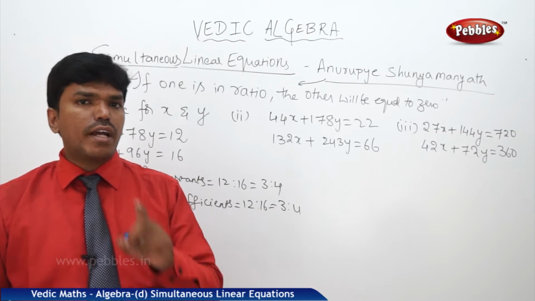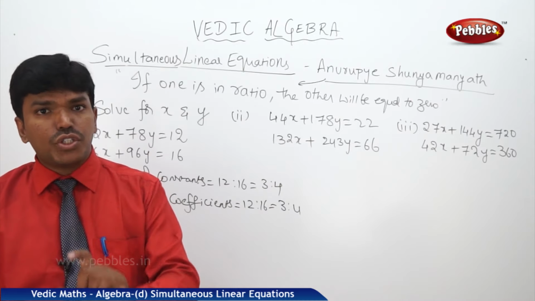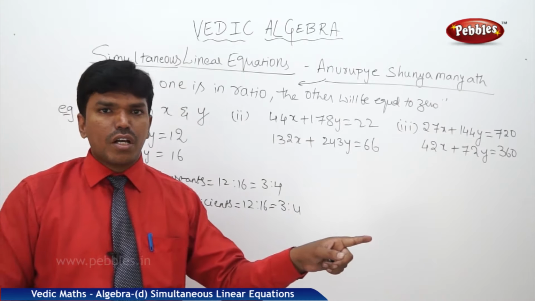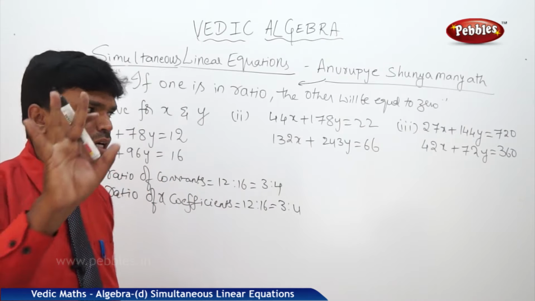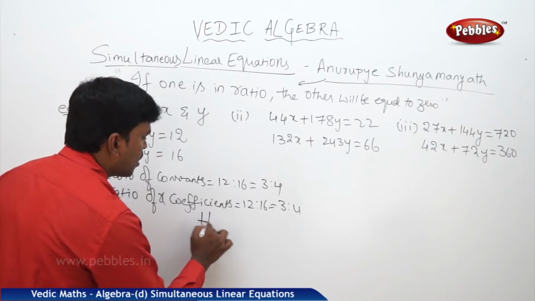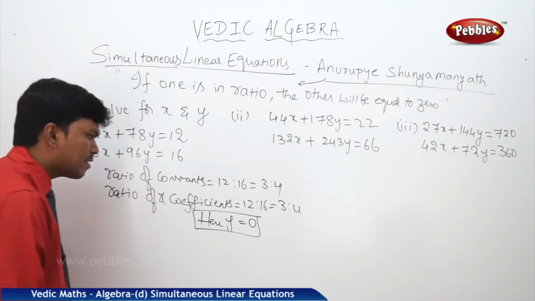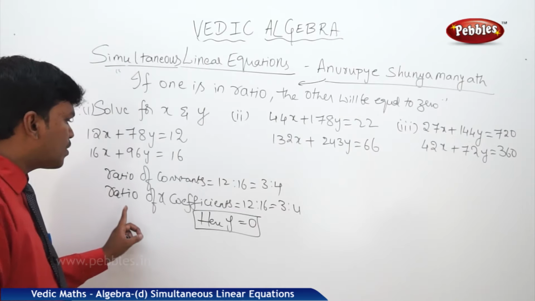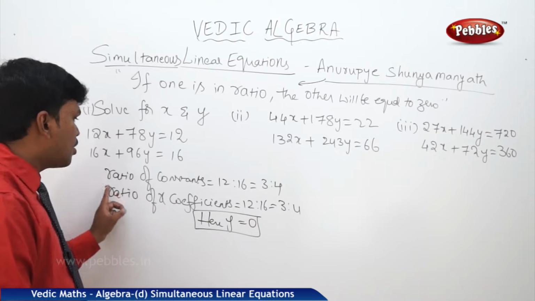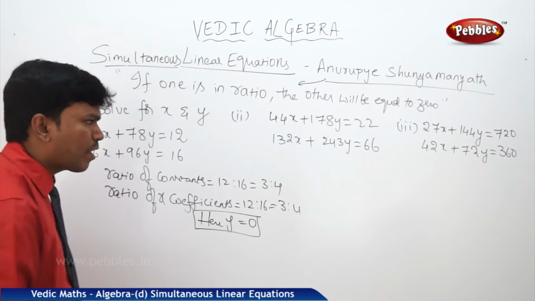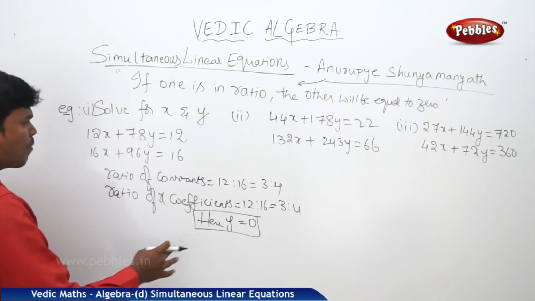Here the x coefficient ratio is equal to the ratio of constant terms, so obviously the other term, that is y, will become 0. So here y equals 0.